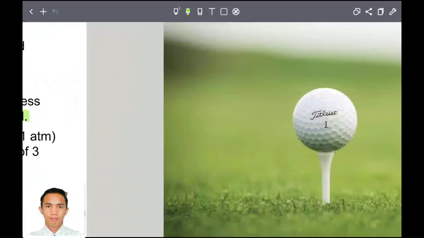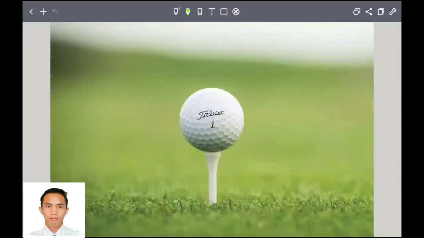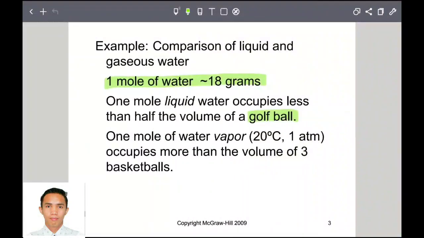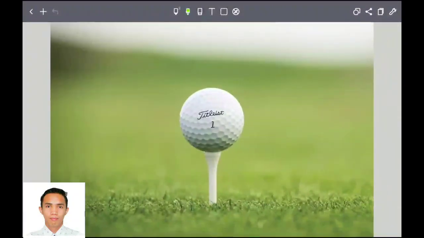This is the picture of the golf ball, showing half of the volume for the liquid of 18 grams of water.